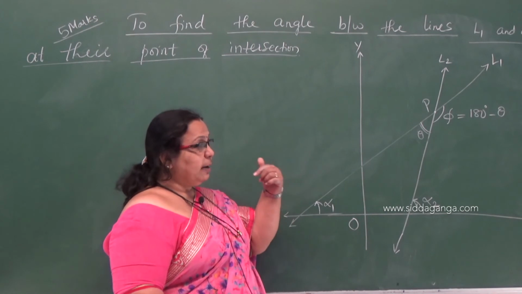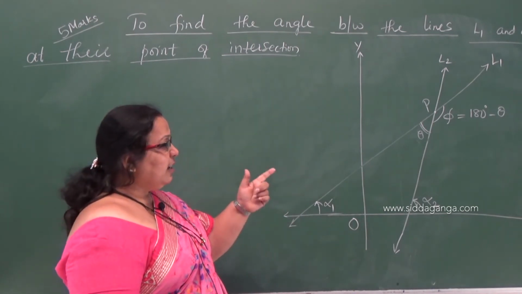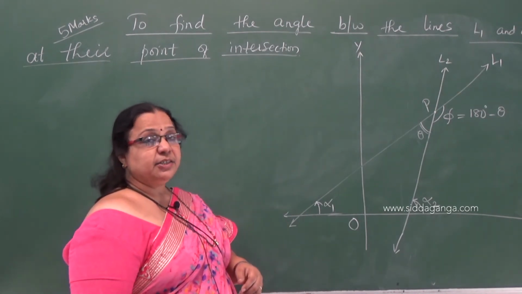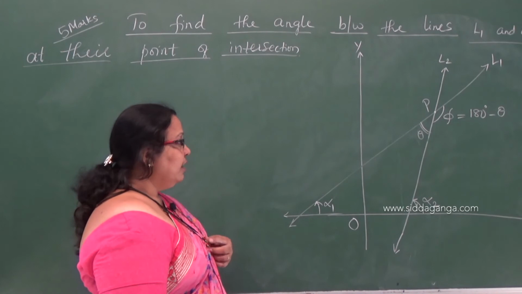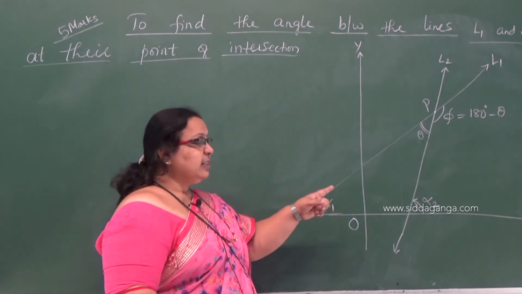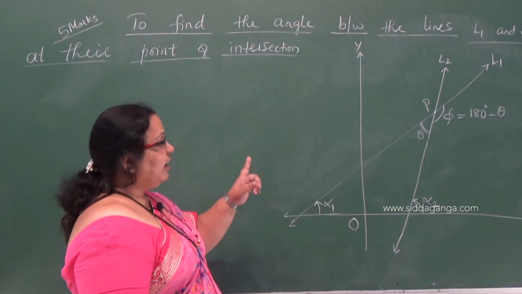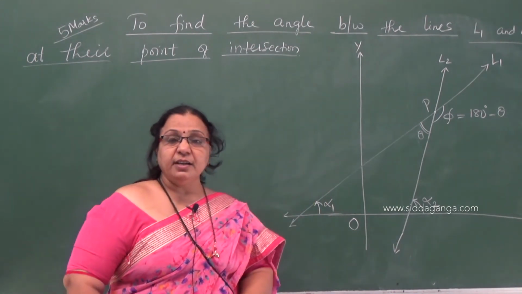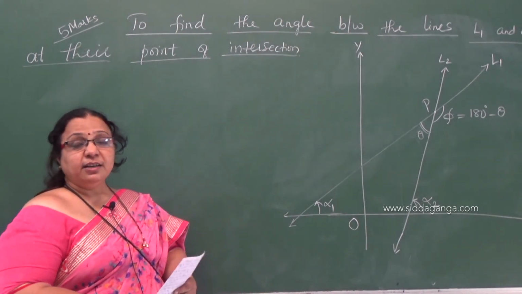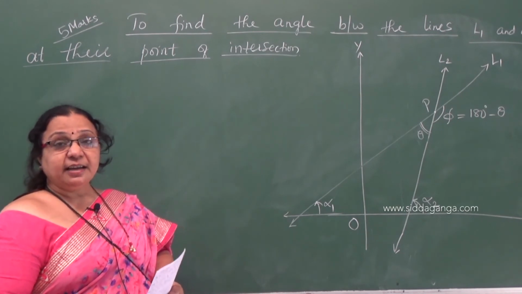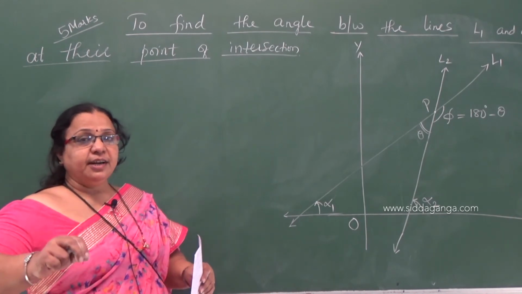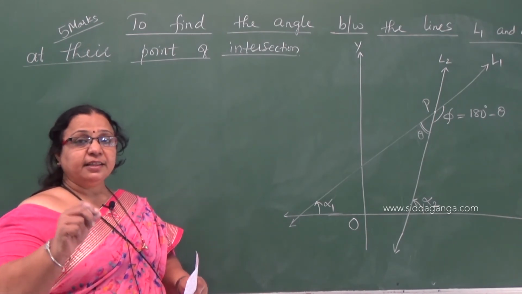So if I want to find the obtuse angle phi, I find theta and apply that formula, and we get the other angle, that is the obtuse angle. Here we have taken angles, so we can now write the slopes of the two lines. The first formula: if the line makes an angle theta with the positive x-axis, then its slope is taken as m equal to tan theta.